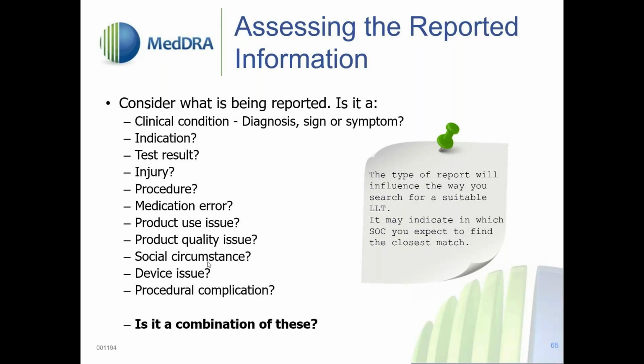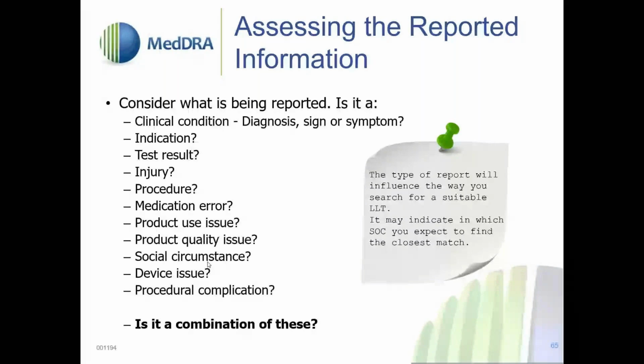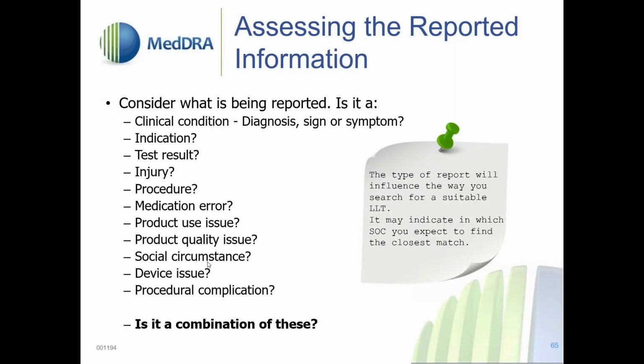And as I've shown when searching in the browser, use word stems like intestine to cover both the wording intestine and intestinal. If your wording is too specific and too narrow, you will miss suitable terms otherwise. Also consider synonyms, as we saw with the plantar erythema when searching for a condition affecting the leg, like lower limb or lower extremity, and tick the Use Synonym List feature in the browser to further support your search, where the tool itself replaces words like, as I've shown you, kidney with renal.